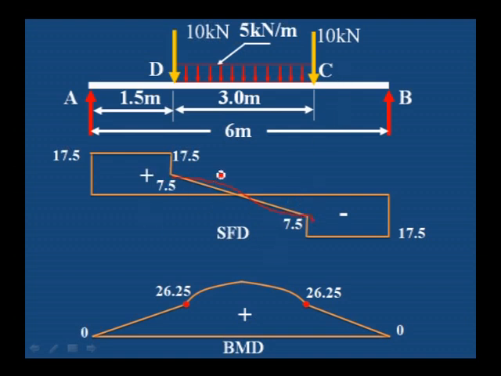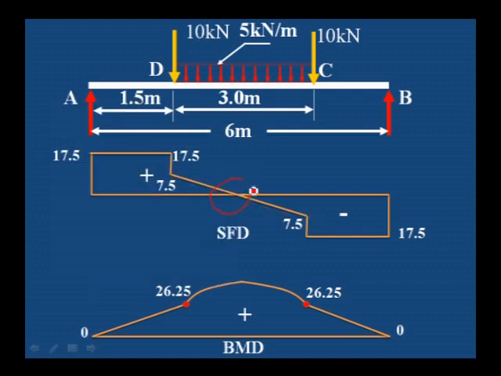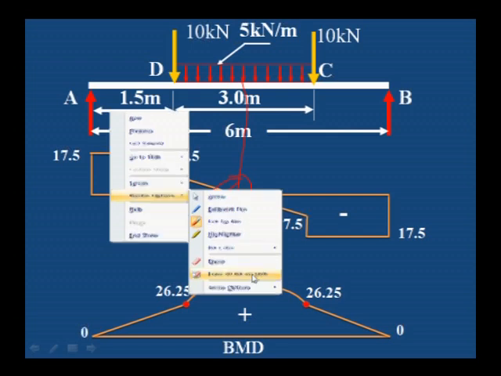Okay, you will get the shear force diagram. And also you can observe here that the shear force changes its sign exactly at the center, because it is a symmetrical loading and the uniformly distributed load is acting exactly at the center.